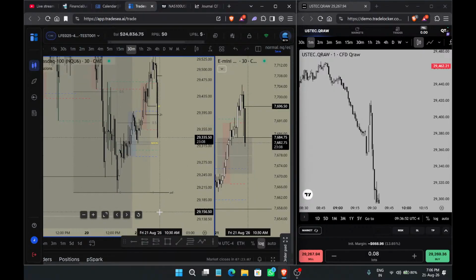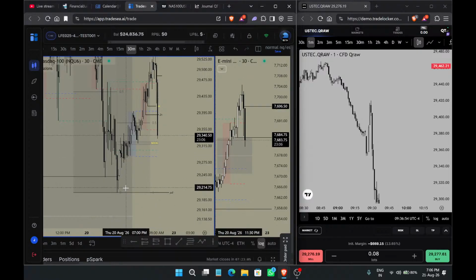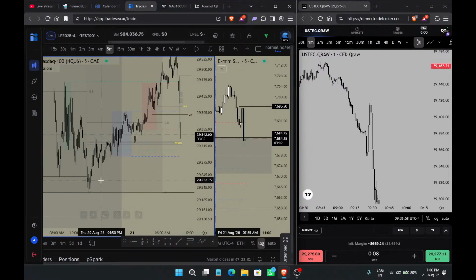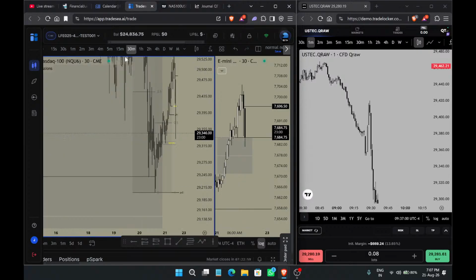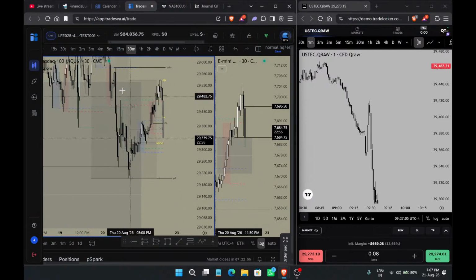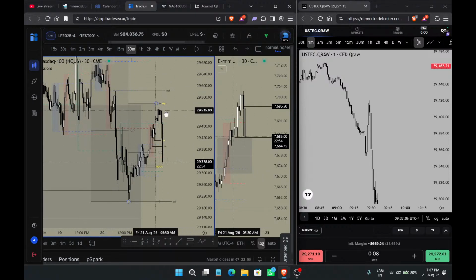OB. This delivered from a discounted gap. Disrespect of the premium gap, premium bullish gap, expecting some kind of rebalance into the discount of this.